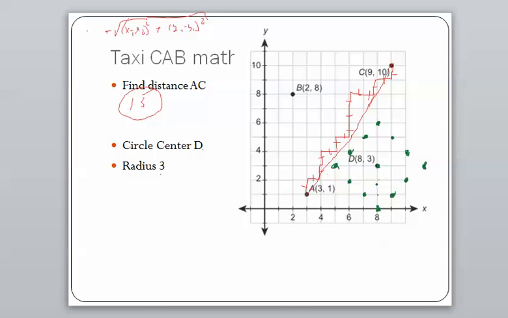That's the exact definition of a circle, equal distance from a point. And that's what we did. We found the equal distance points in taxicab math. See how it looks a little different? It's different because it's non-Euclidean mathematics, okay? And a lot of times taxicabs use this type of stuff.